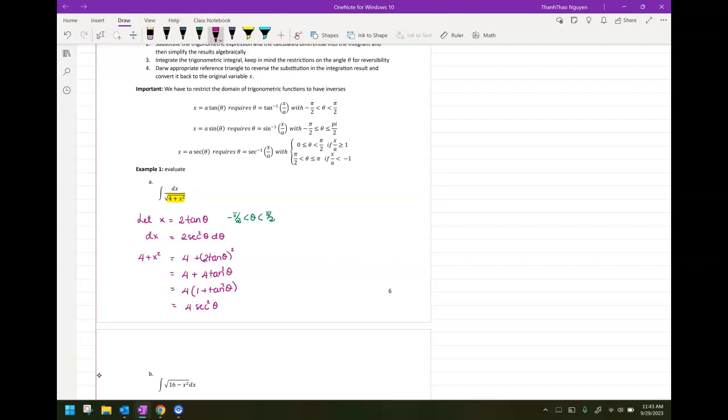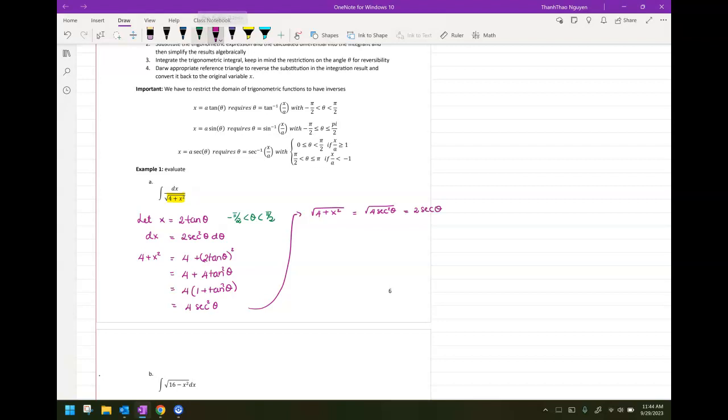Note that here we want the square root of 4 plus x squared, which is equal to the square root of 4 secant squared theta. Now, secant theta is greater than 0 on the interval from negative pi over 2 to pi over 2, so the square root gives me 2 secant of theta.